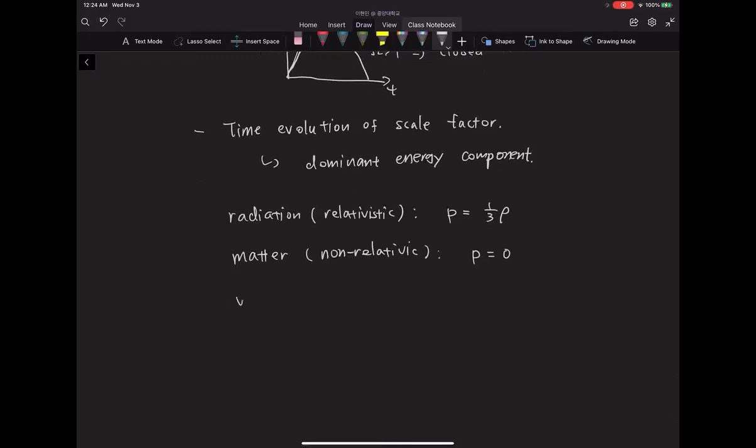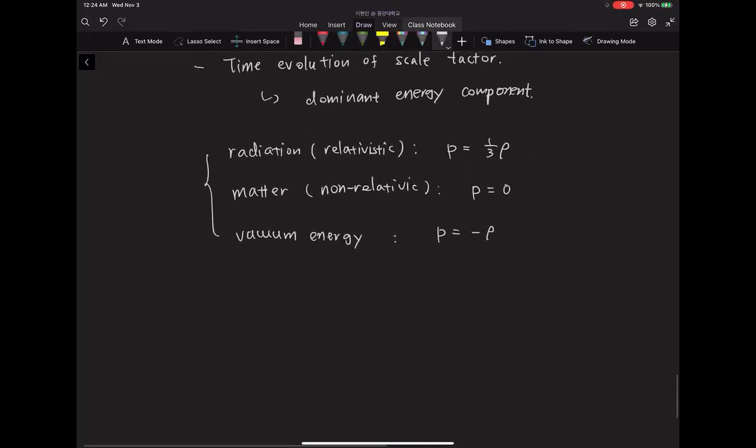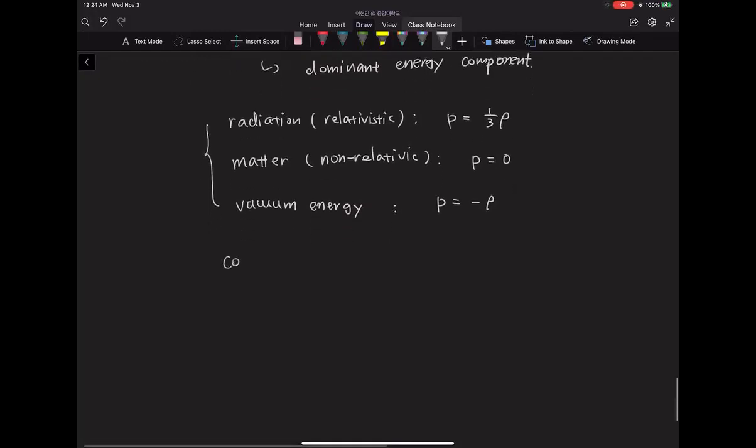And when the vacuum energy is dominant, the pressure equals minus rho.